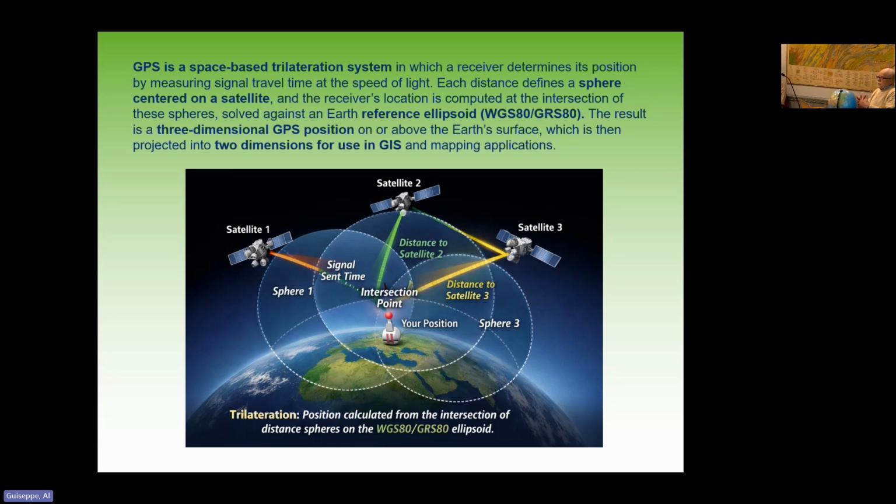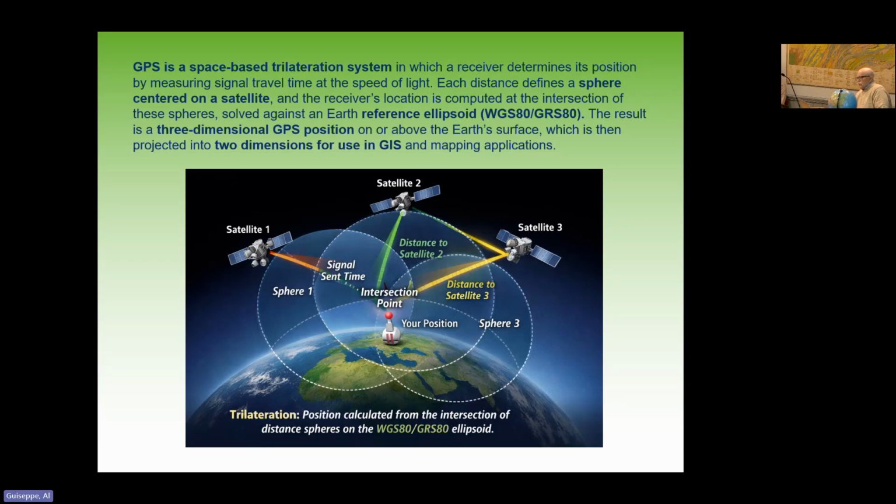It doesn't work on triangulation. It works on trilateral distance. It constructs domes, spheres, and where the spheres connect is where you are. And then your phone will convert that into your location.